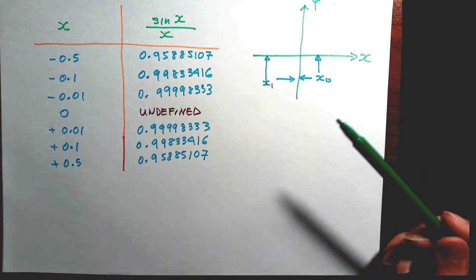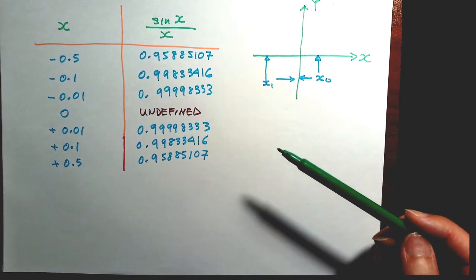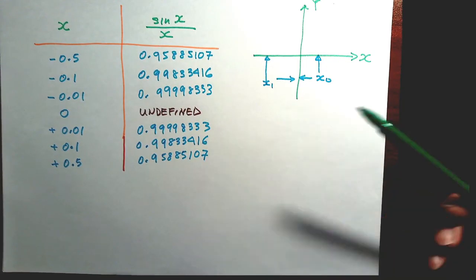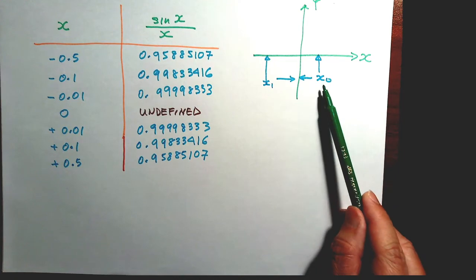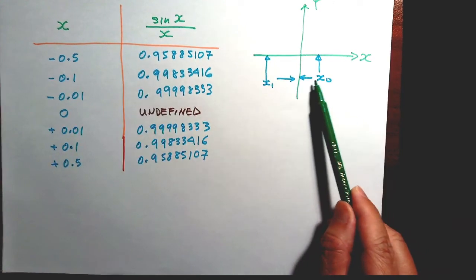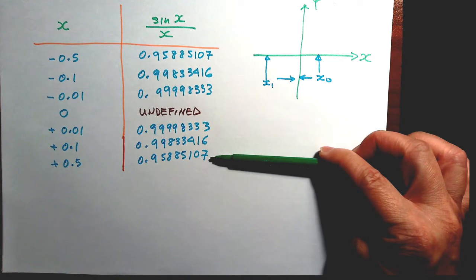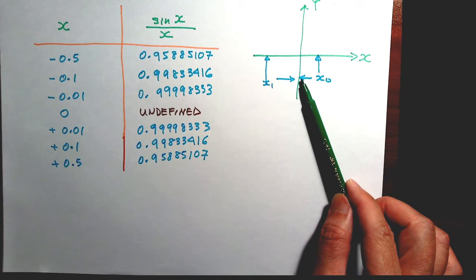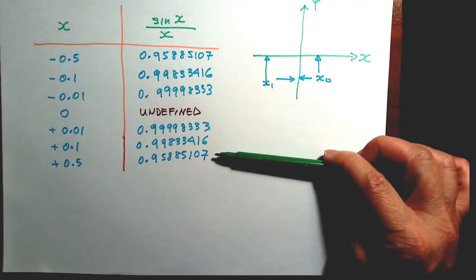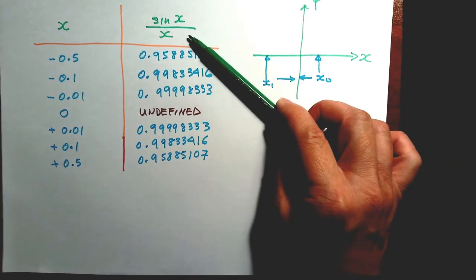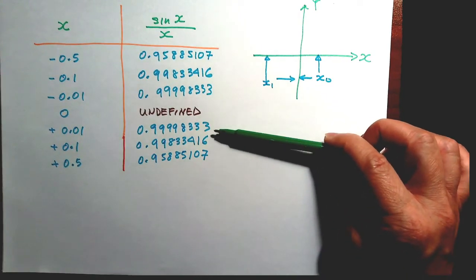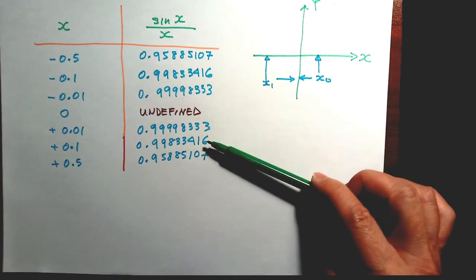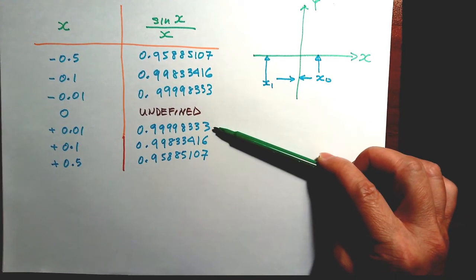So what is interesting, looking at this set of numbers, is that as x approaches 0 from the positive side, which is from here, 0.5, 0.1, 0.01, we see that the function sine x over x seems to approach 1: 0.9588, 0.9983, 0.9999.